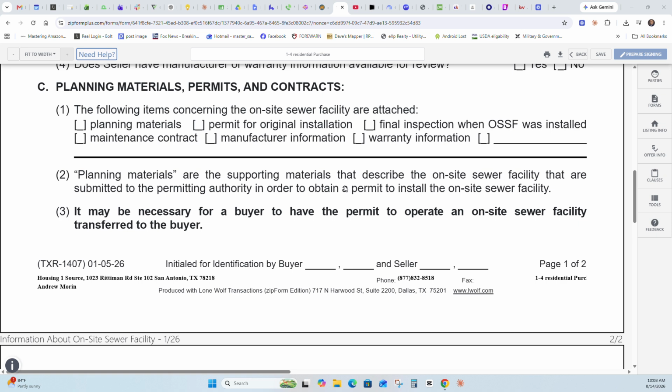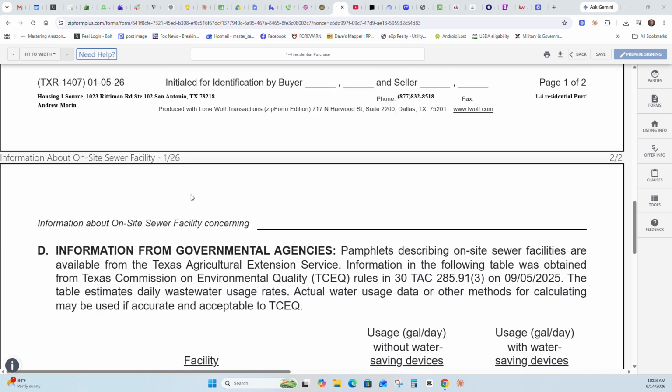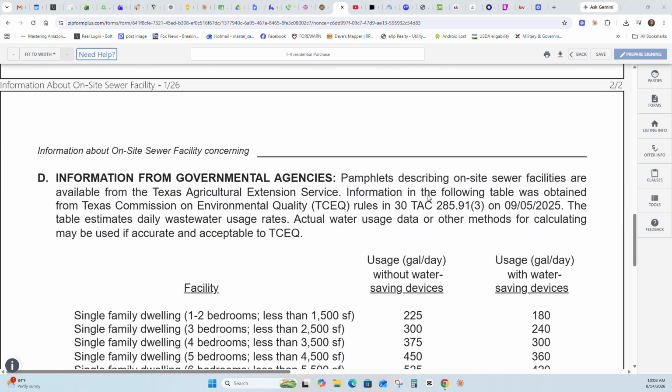If you have that permit, which everyone should have a copy of, the permit that says it's okay, that went to the planning company, sometimes you need that permit for the buyer to be okay to have the septic tank on the property.